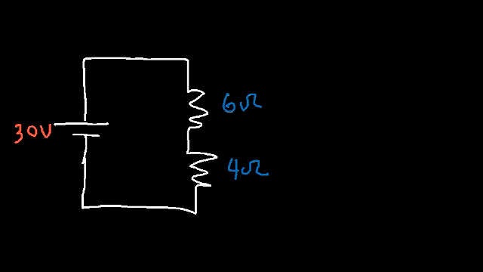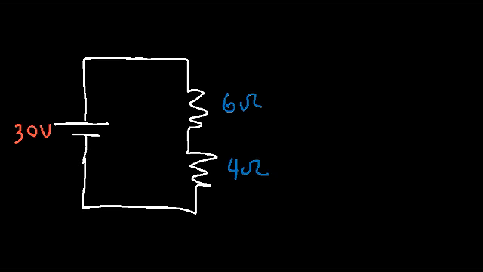How can we calculate the current that flows in a circuit? By the way, in a series circuit, the current that flows through the resistors that are connected in series is the same current. In a parallel circuit, the voltage across resistors that are connected in parallel is the same.